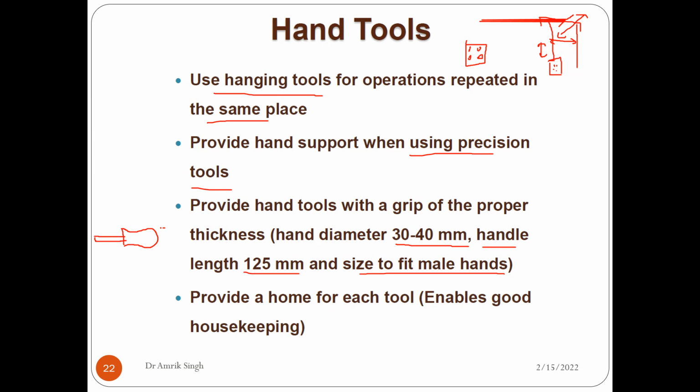So this diameter of the hand grip should be 30 to 40 millimeter, and this length should be 125. Okay, and it should be like that. A male hand can be made as a standard so that he can grip it properly.